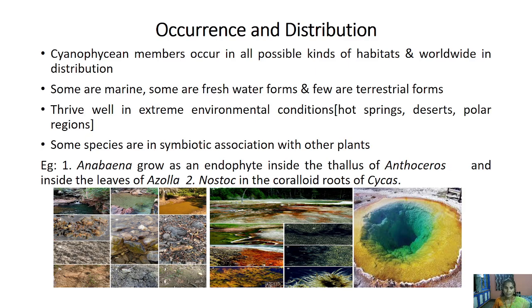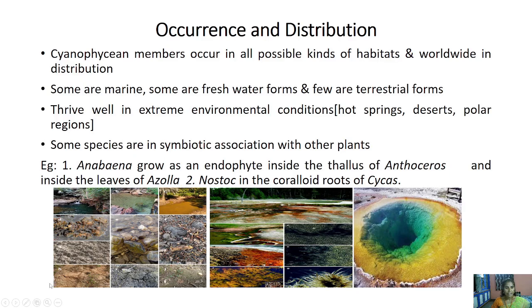Example, Anabaena, which grows as an endophyte inside the thallus of Anthoceros, which is a type of bryophyte, and the same species Anabaena is also able to grow inside the leaves of a pteridophytic fern called Azolla. In the same way, another form of cyanobacteria, that is Nostoc, is found inside the coralloid roots of Cycas.